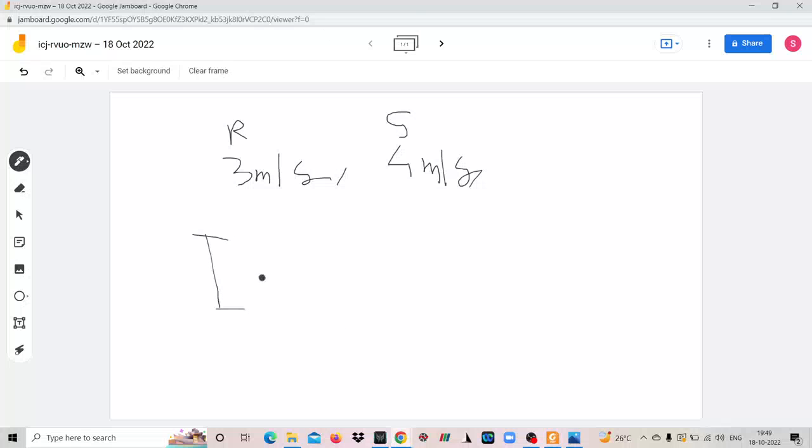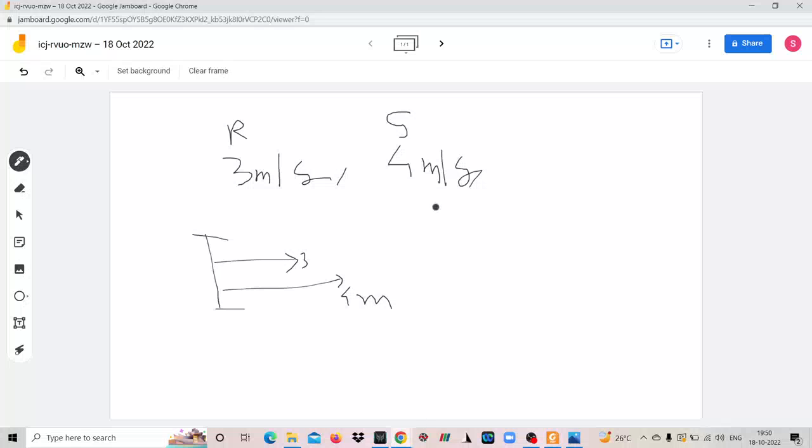In 1 second, you will cover 3 meter and I will cover 4 meter. So if I cover 4 meter, how will you feel? You will feel that you are moving backwards by 1 meter per second, with respect to me. Physically, if you think, is it clear?